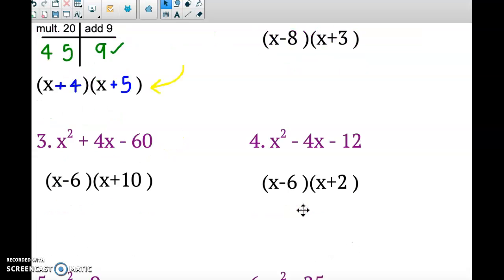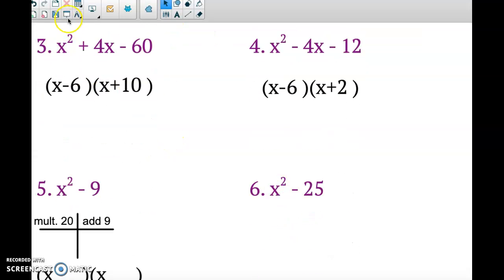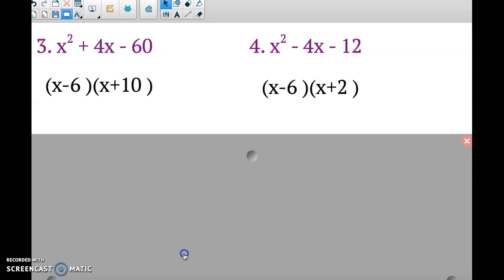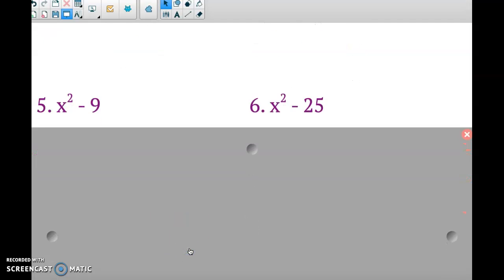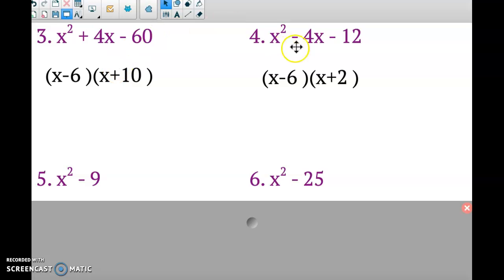Okay, so let's actually factor a little bit more. Okay, these look a little bit different. Why do they look a little bit different compared to those ones that we were just doing? So notice they both have the x squared term, and they both have a plain number at the end. The term that it's missing is the b value, right? Like, where is the term with the x? That's what it's missing.